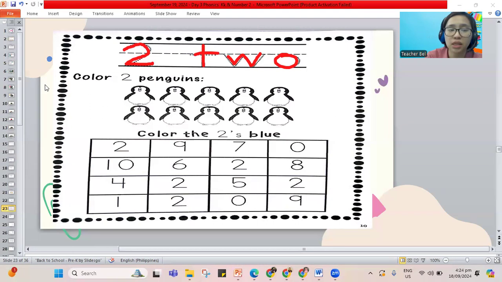Now, it says in the instruction you have to color 2 penguins. You only need 2, so let's color and count. 1 and 2. So that's already 2 penguins. Now, the instruction tells you to color the twos blue.